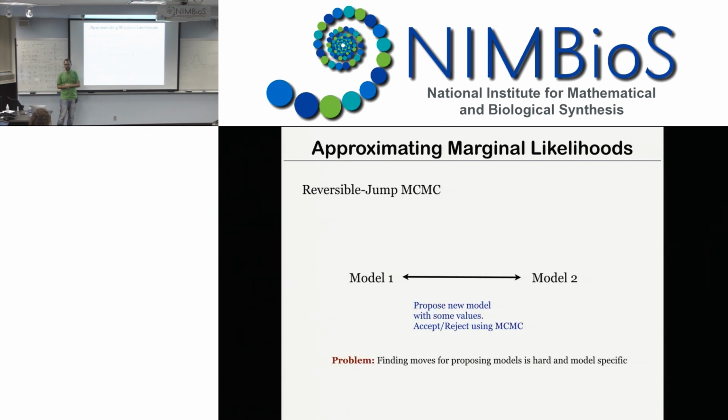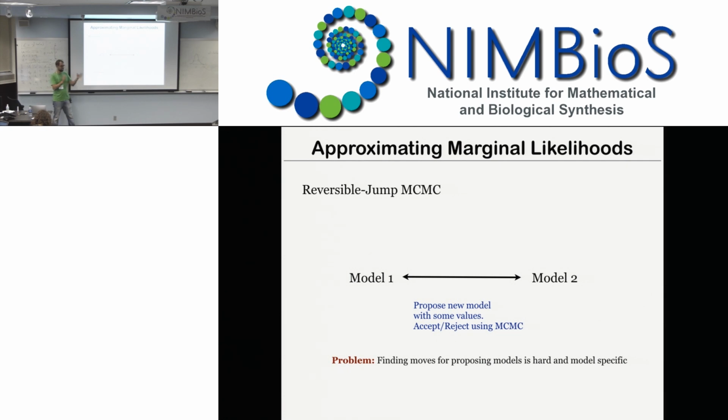A different approach that we could take is to use reversible jump algorithms, which we have also implemented in RevBayes. The idea behind reversible jump algorithms is that we have two different models, like in the example that I showed in the beginning, where we have a speciation and extinction rate and want to test if that is correlated to, say, CO2.